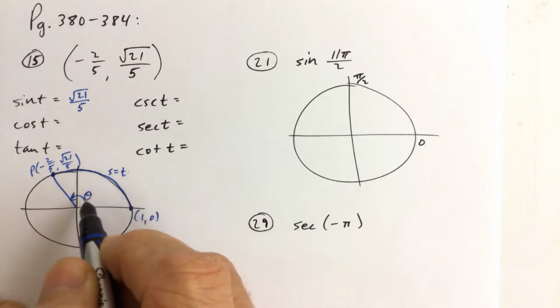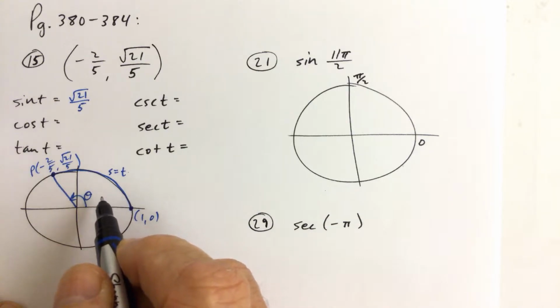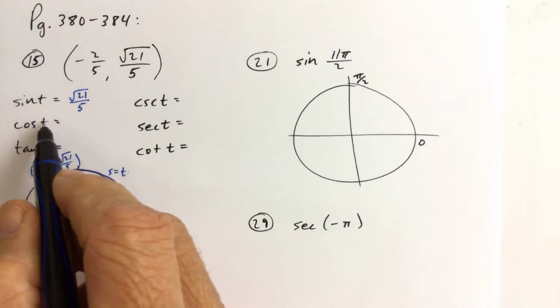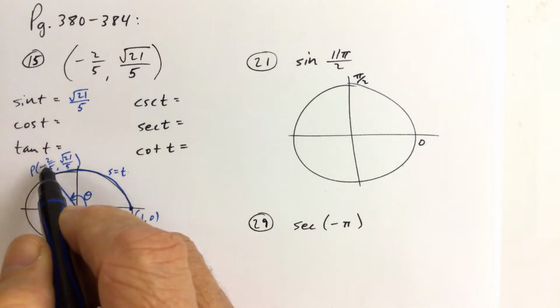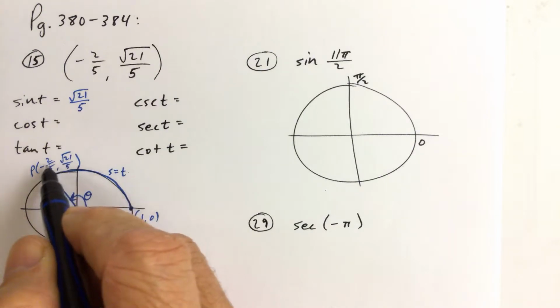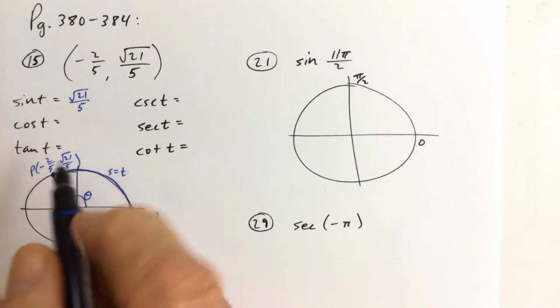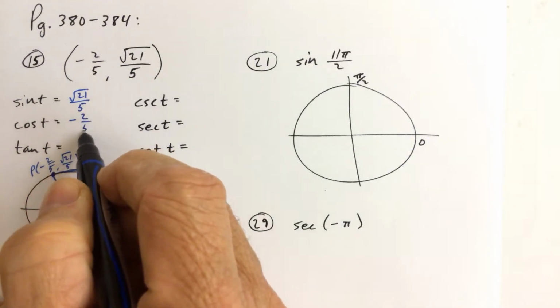So the arc length, again, is the corresponding real number. Anyway, I'll just continue to find the cosine, sine, and all the other trig functions of the angle, being related to either the x or the y coordinate of the point on the unit circle. So the cosine, we know that to be the x coordinate, and the x coordinate here is negative 2/5.